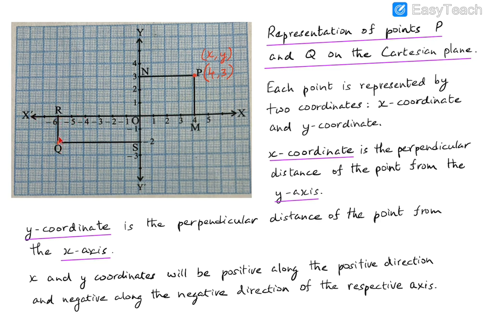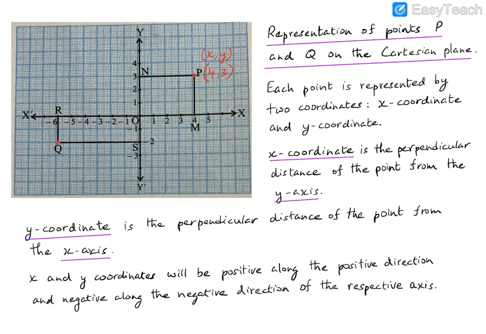So that perpendicular line meets the x-axis at a point R, which corresponds to the number -6 on the x-axis. So the x coordinate of the point Q is going to be -6.